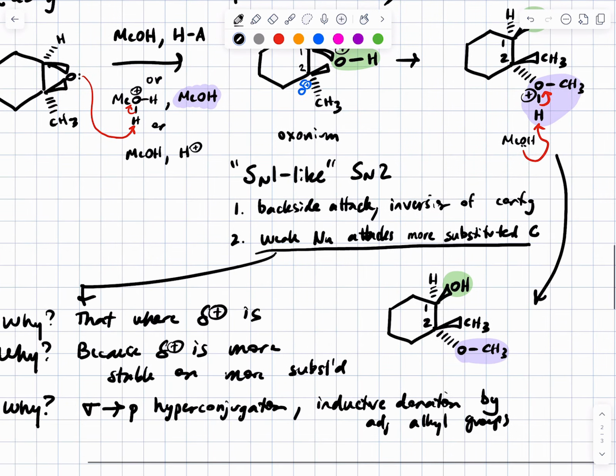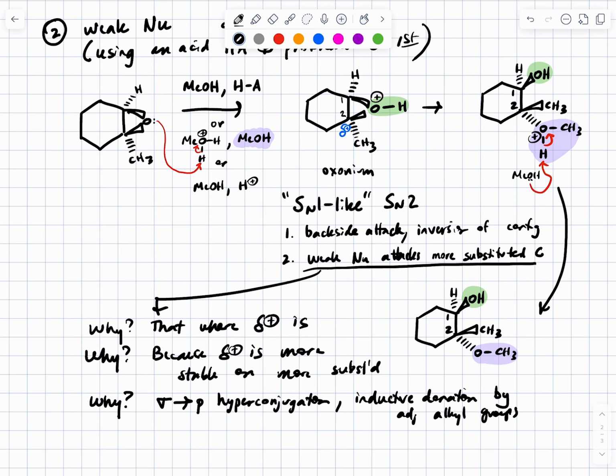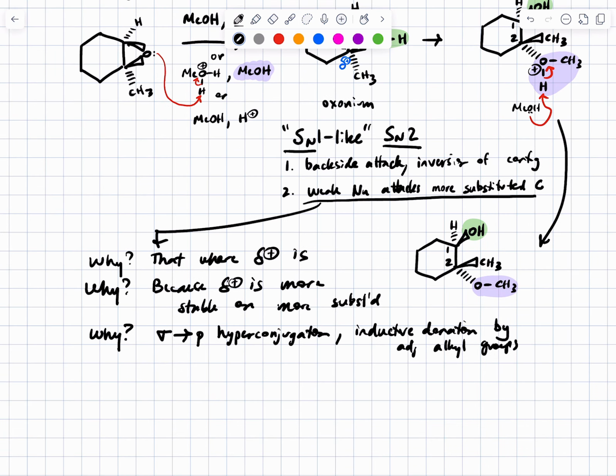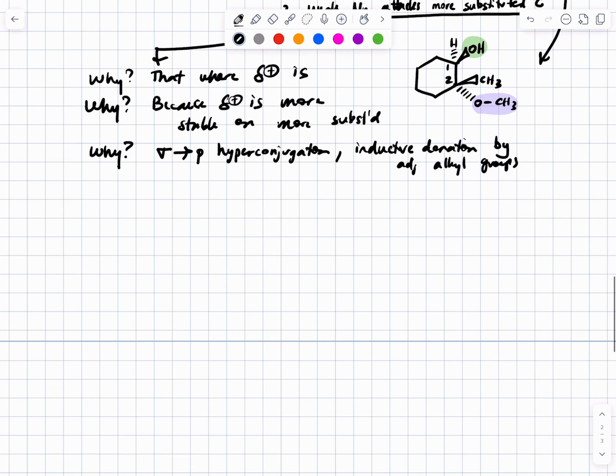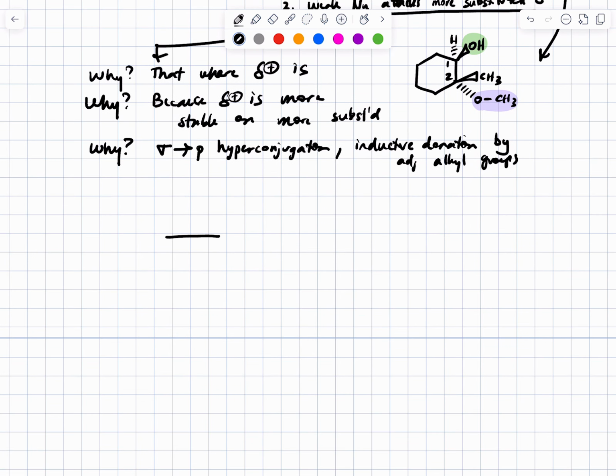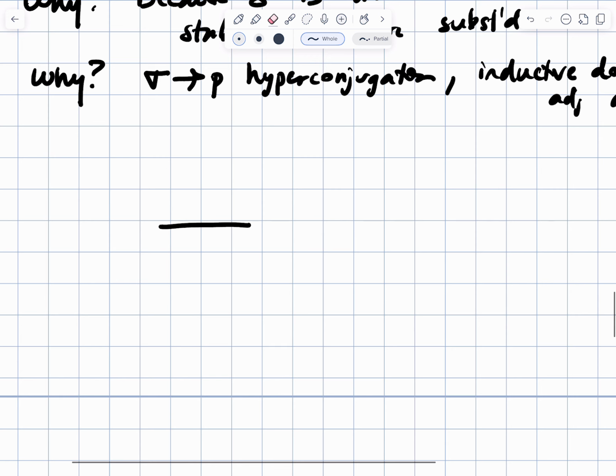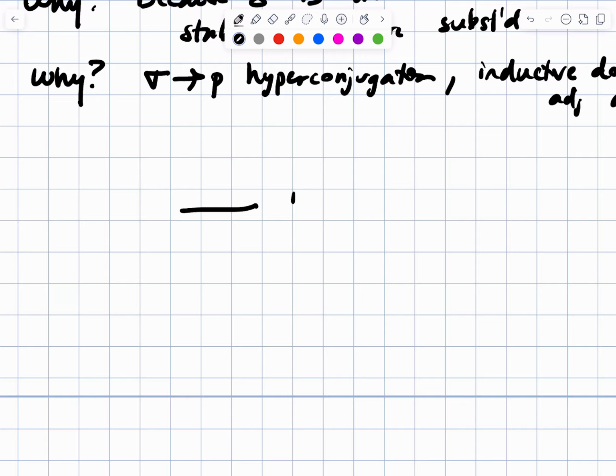Now, this should still give some of you heartburn because I'm proposing an SN2 reaction at a tertiary carbon. And you've been told not to do that. There's a reason it can happen here, and this gets into what we mean by SN1-like. If we zoom in to the transition state, this is going to be carbon 1, which was less substituted.